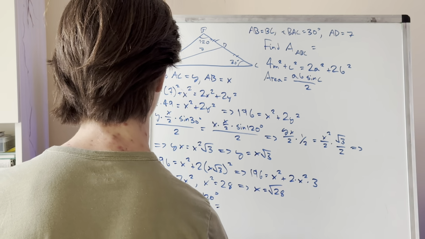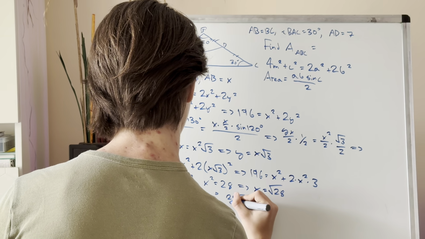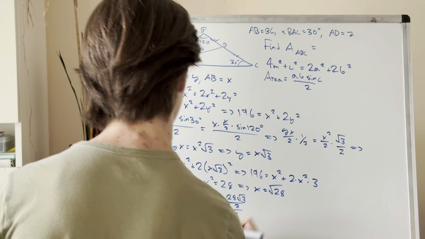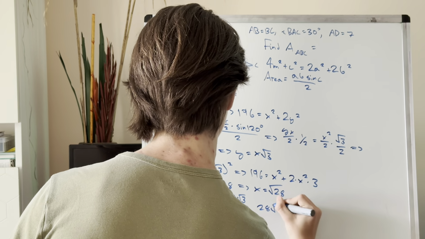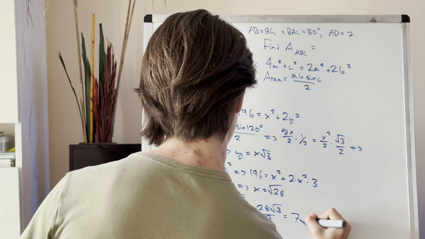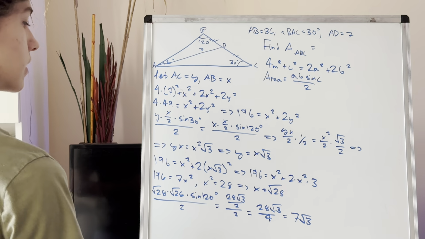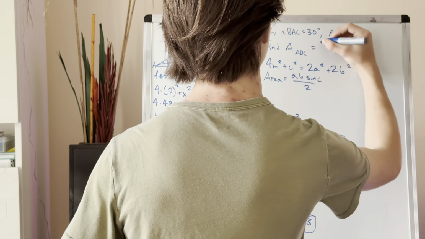So that is equal to 28 root 3 over 2 over 2, which is equal to 28 root 3 over 4. And finally, that's 7 root 3. And that is the area of triangle ABC.